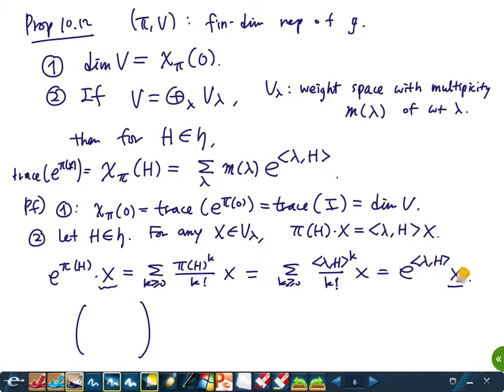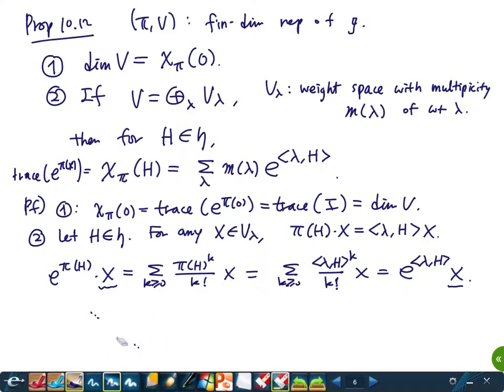It's going to be a diagonal matrix with entries like this, right? But how many times does each entry appear? The number of times it appears is just the dimension of the weight space. And basically that's it.